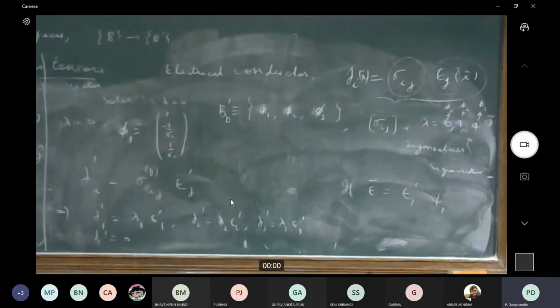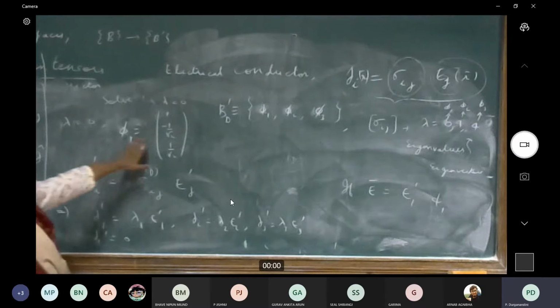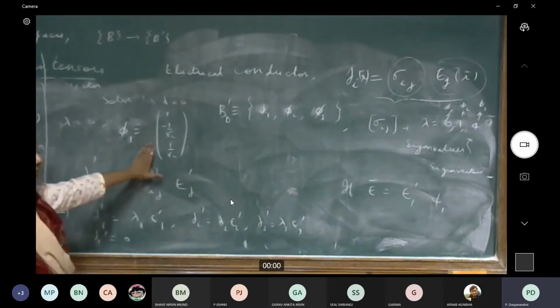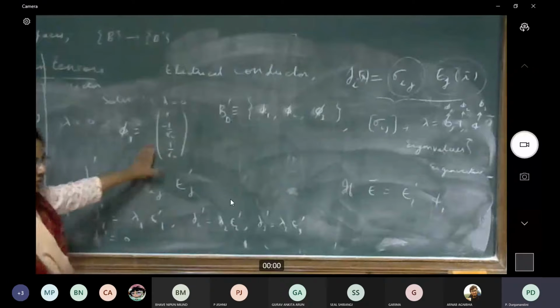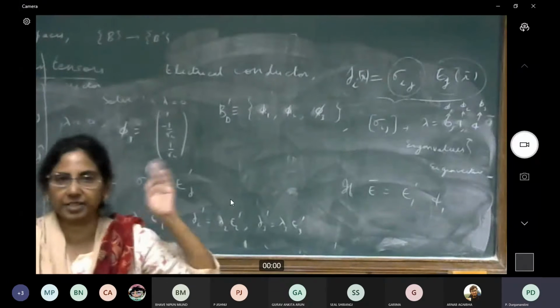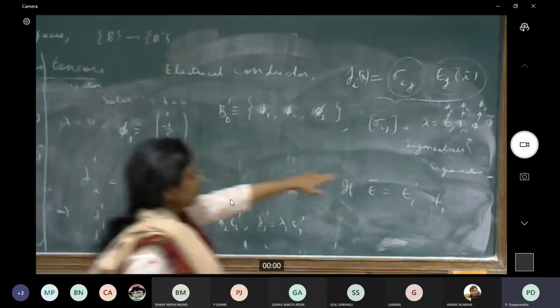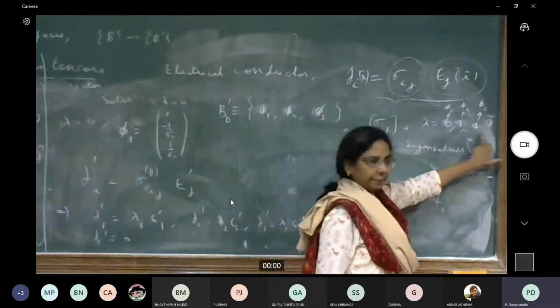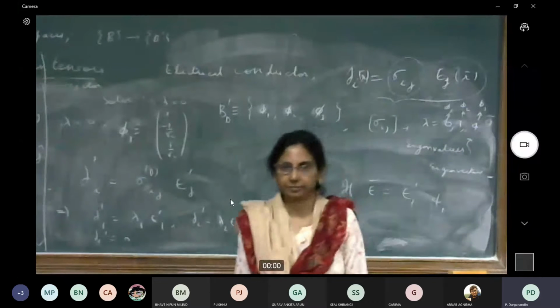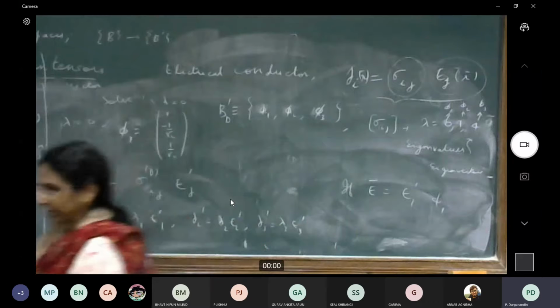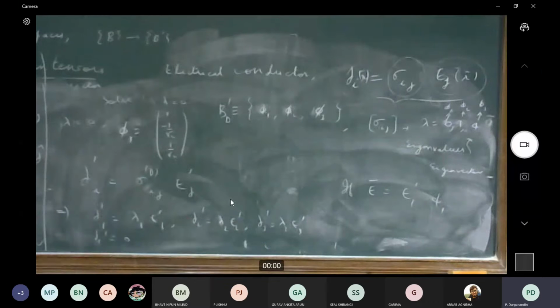It tells me that if I want to conduct electricity through this object, then better not choose this particular direction at all. And if I ask you which is the direction in which I must apply the electric field such that I get maximum conductivity, then I should use the direction phi 3. If I apply the electric field along the vector phi 3, then you will get the maximum conductivity in the material.